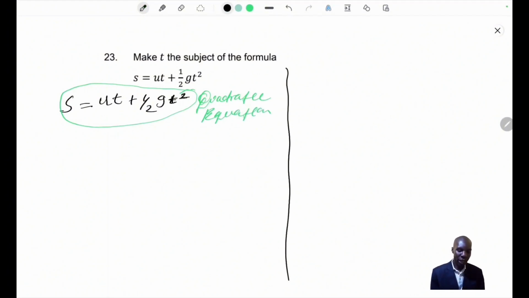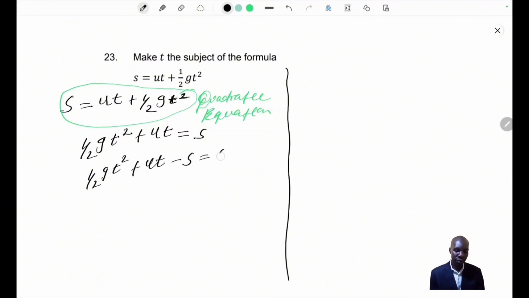So if it is a quadratic equation, we can rearrange it and say a half gt squared plus ut is equal to s. So that means a half gt squared plus ut minus s is equal to 0.